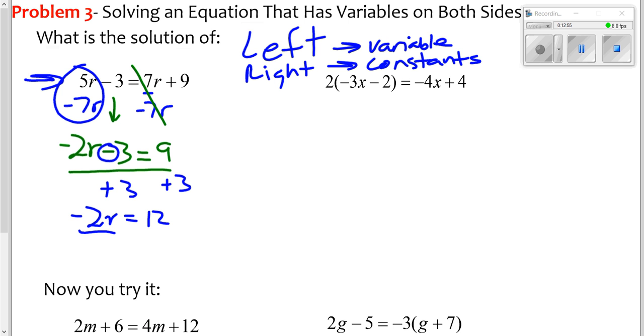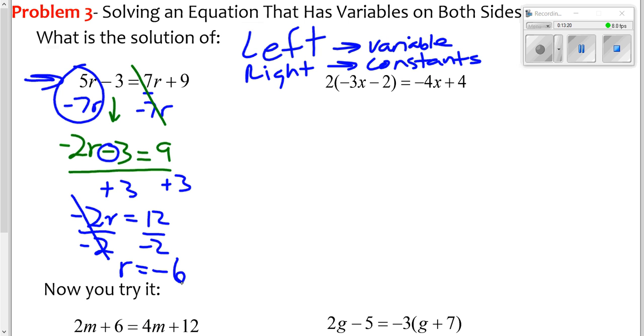And then I want to divide by the negative 2, so make sure you bring the sign with it, okay? When I divide, that's really going to go away, but I'm left with a positive r. Over here, I got a positive divided by a negative, so my answer is going to be negative, and 12 divided by 2 is 6. Okay.